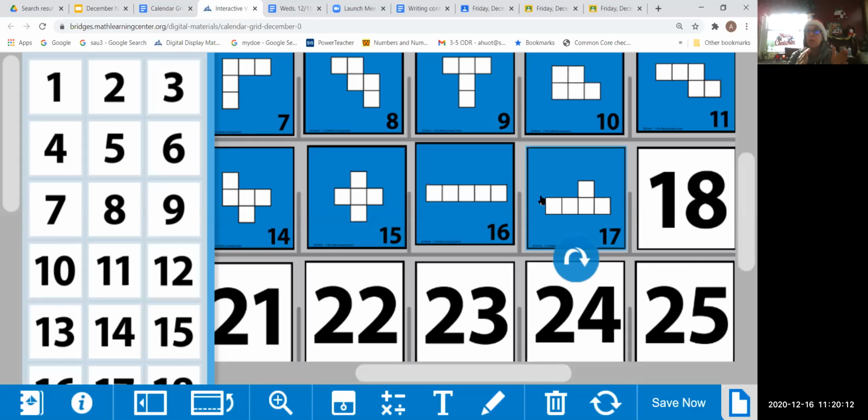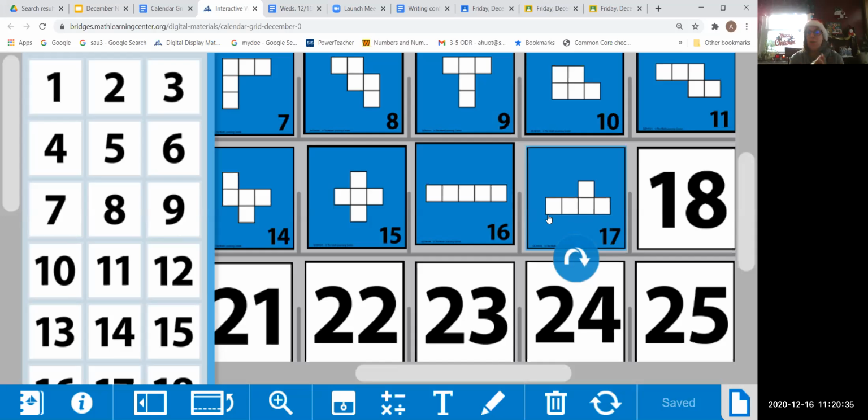Let's see what the perimeter is. So that is the total measurement of the sides all together. So we have 1 here. We have 2 to make 3, 4, 5, 6, 7, 8, 9, 10, 11, and 12.